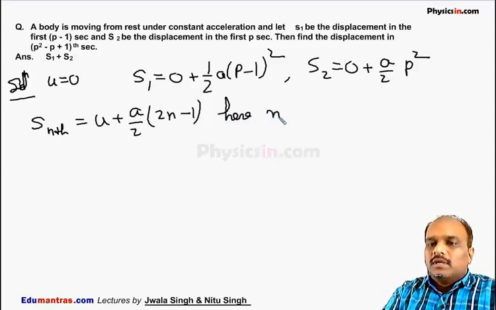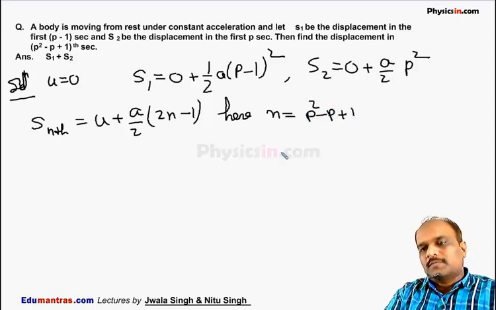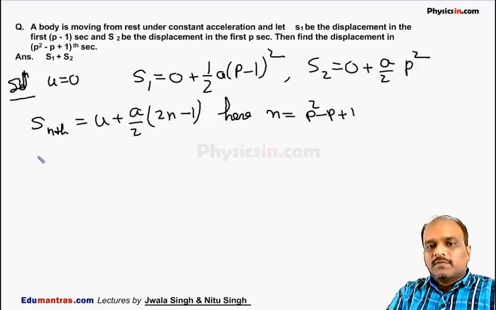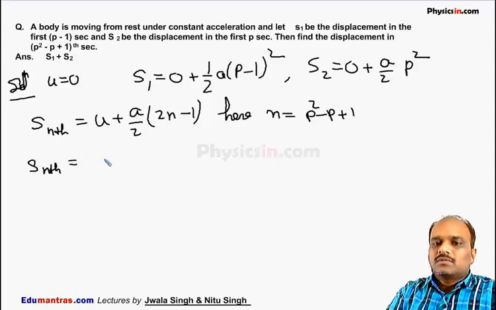Here n is equal to p square minus p plus 1. So substituting it, we get displacement in nth second equal to 0, because u is 0, it is given, plus a by 2 into, in place of 2n, I will substitute p square minus p plus 1.